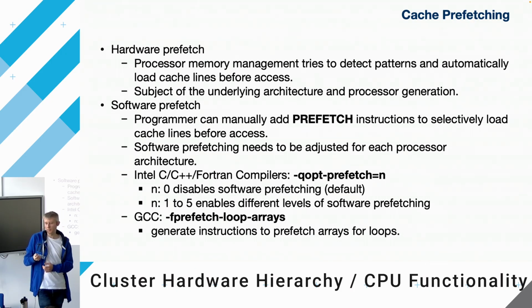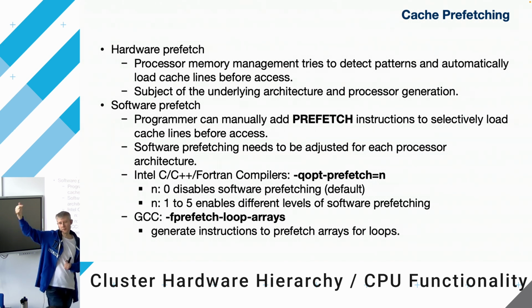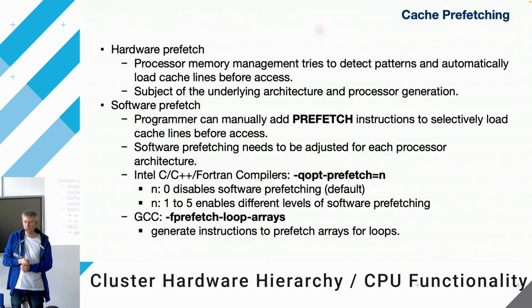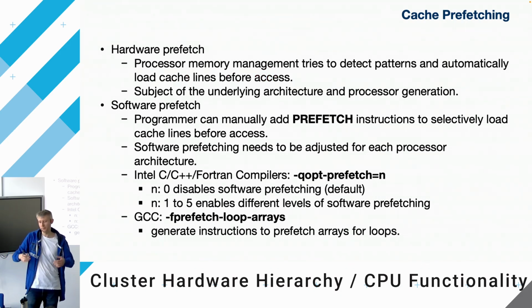And it has some pattern detection inside of the CPU and sees, okay, not only if it's going linearly, but also if there's some stride, so this is also linear, but we have some jumps, or maybe some more complicated pattern. This is included, and you usually can't turn it off. It's just part of the CPU architecture.